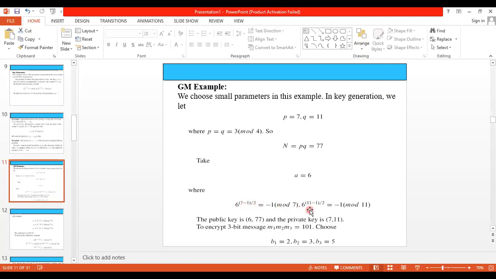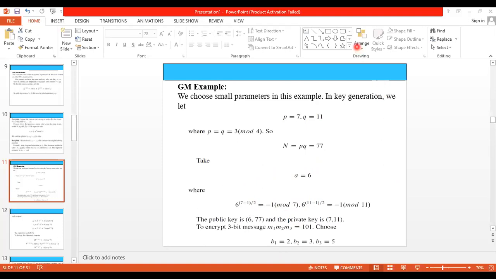So for 6 to the power 10, which is 6 to the power 5, if we take 6 to the power 5 and then take its mod 11, we will get 10.